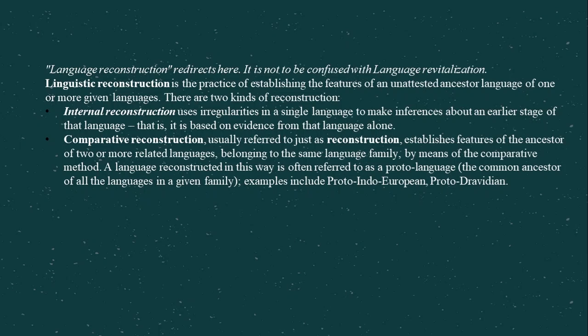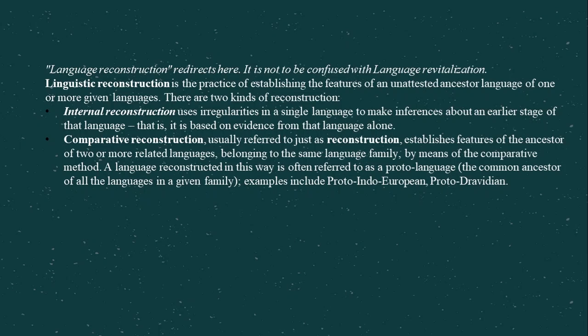And then comparative reconstruction, usually referred to just as reconstruction, establishes features of the ancestor of two or more related languages belonging to the same language family by means of the comparative method. A language reconstructed in this way is often referred to as a proto-language, or the common ancestor of all the languages in a given family.